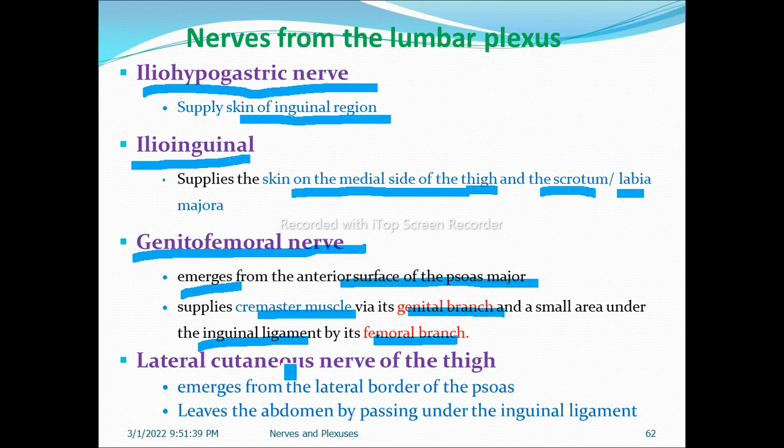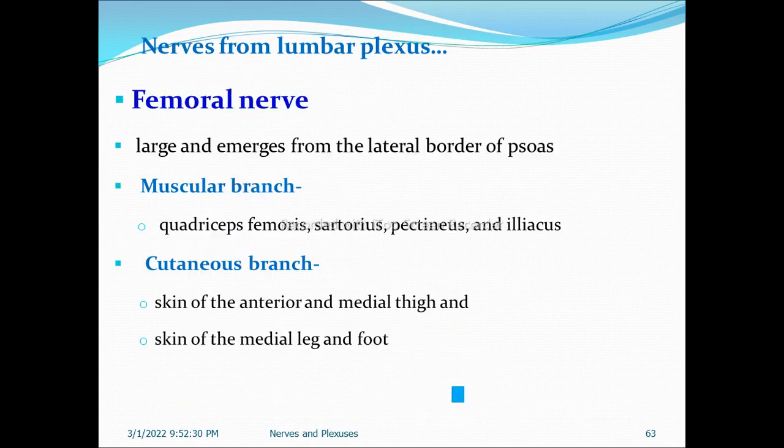Lateral cutaneous nerve of the thigh emerges from the lateral border of psoas major and leaves the abdomen by passing under the inguinal ligament. The femoral nerve is large, emerging from the lateral border of the psoas major muscle, and gives a muscular or motor branch to quadriceps femoris.